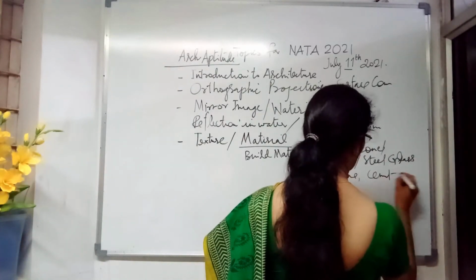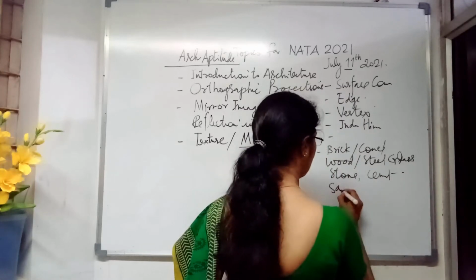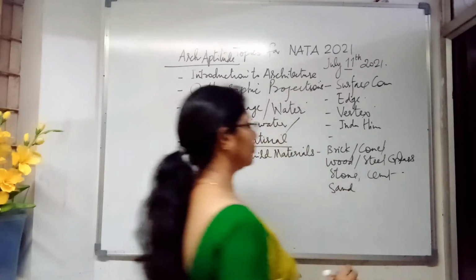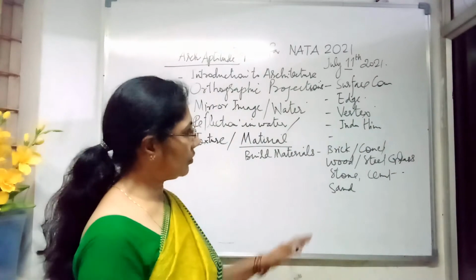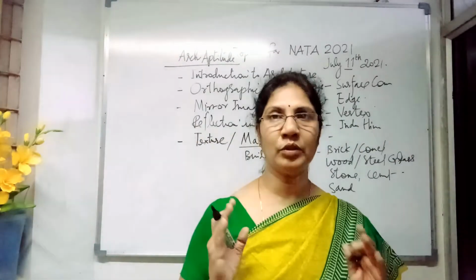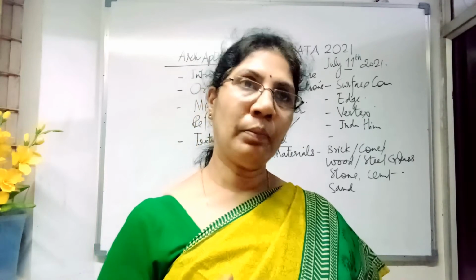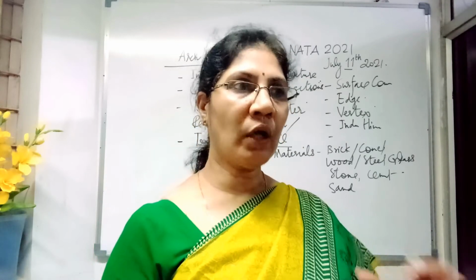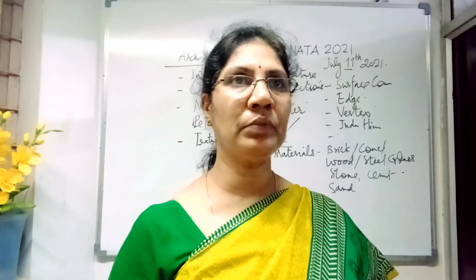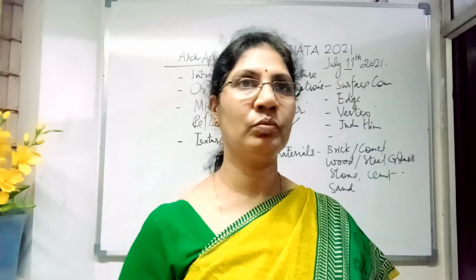Cement, sand, right? These are the building materials about which we need to have a basic idea, and also about their properties and what are the places where these building materials are used mostly.